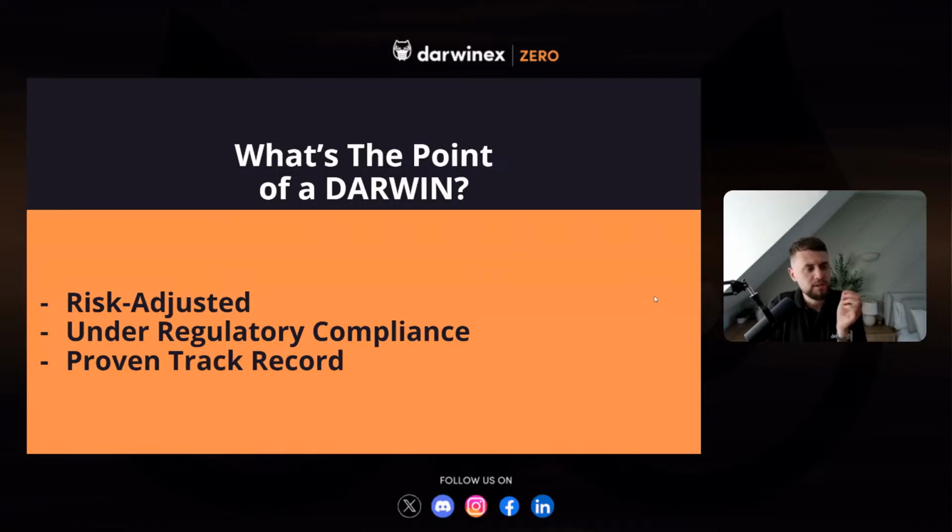But the point of a Darwin is, one, so that you have a risk adjusted version of your strategy. Now, not everybody appreciates this to begin with, but over time, and if you want to become more professional, you'll embrace the fact that you have a risk adjusted version of your strategy. You'll understand risk more, you'll understand your exposure, your strategy at a deeper level, and you'll understand actually how you compare to industry benchmarks like the S&P.